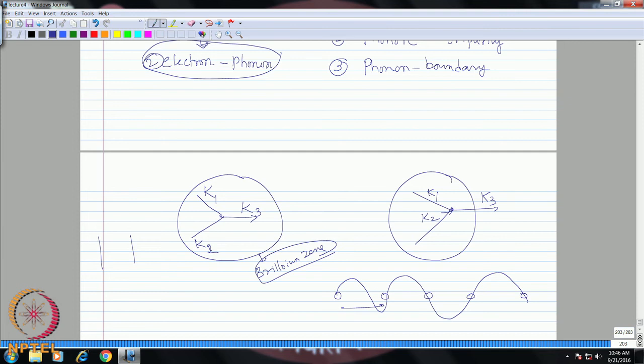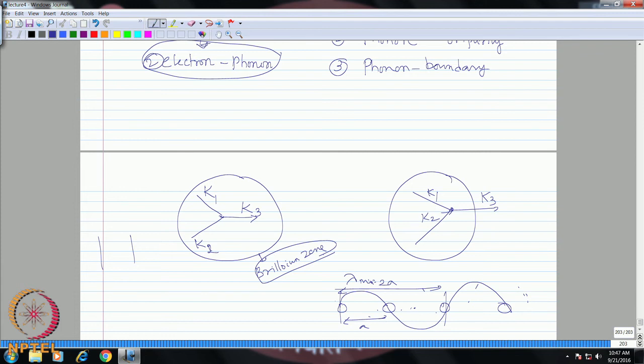If this is your A, then this will be 2 times A. I have not drawn this correctly, let me redraw this. So, this is your A here. Therefore, the minimum allowable wavelength will be 2A.